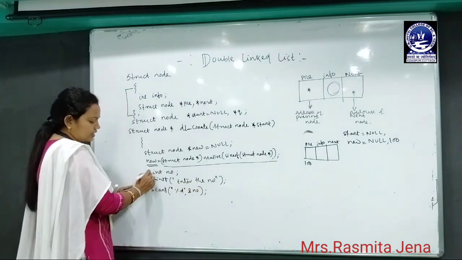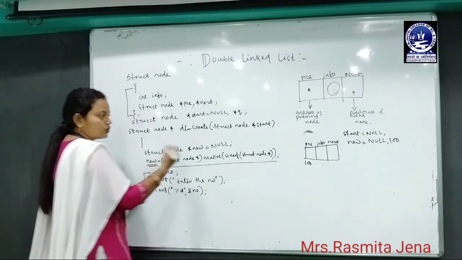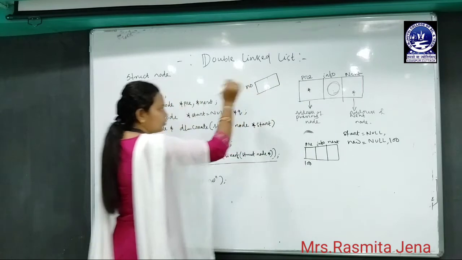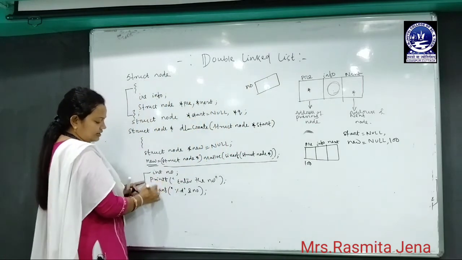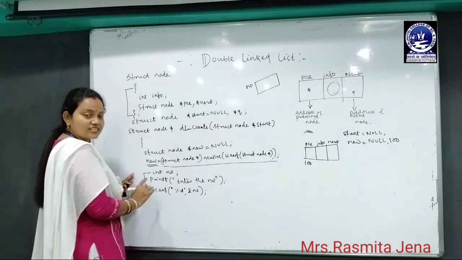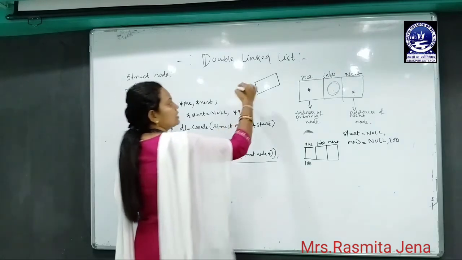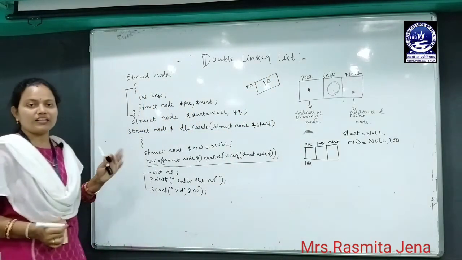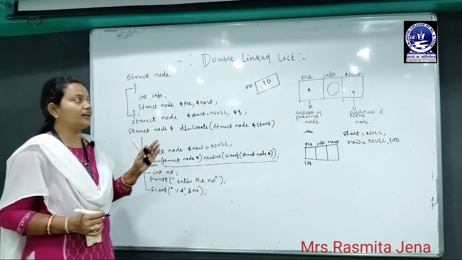When I execute this, no is an integer variable which will hold an integer constant after executing these printf and scanf statements. Suppose here I input the value for the variable no as 10. That means now no contains 10.